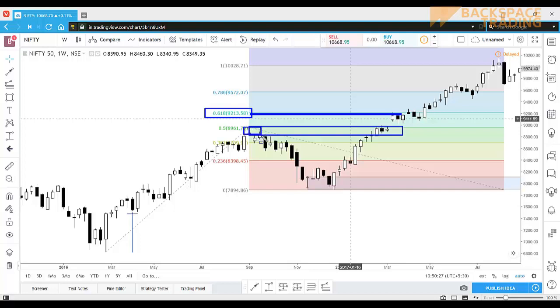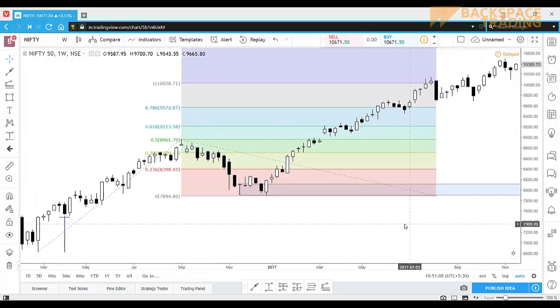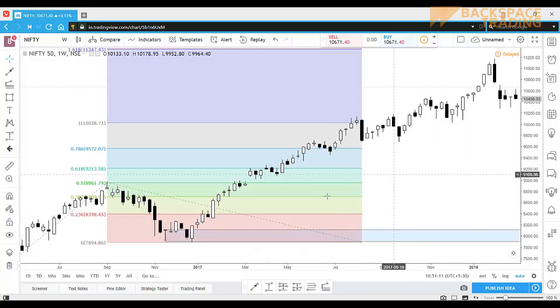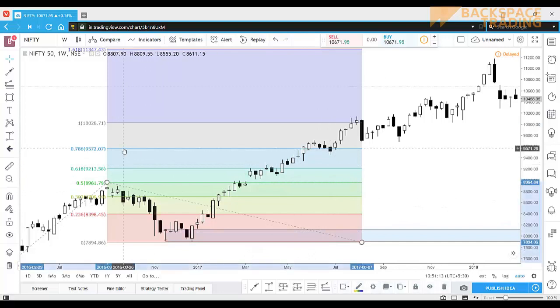And the next target is 78, another target is 100% move, and from 100% move you see a series of dojis and a big bear candle. Does it mean trend change? Not yet, because you have this resistance still getting supported by the price, right? It moved up further. If it is moving up further, what do you do?